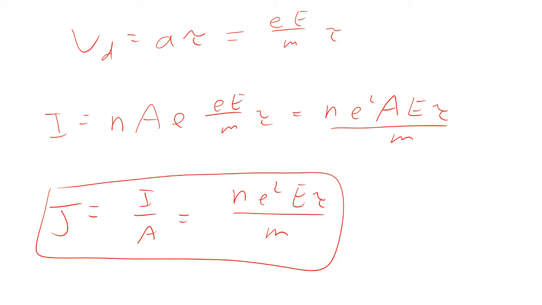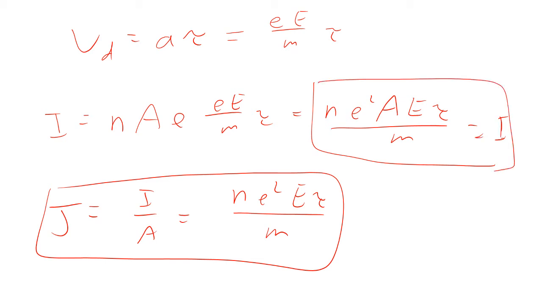And so this would give an expression that relates the current and current density to what's happening at the microscopic level. It depends on the number of free charges per volume. It depends on the charge of those free charges.